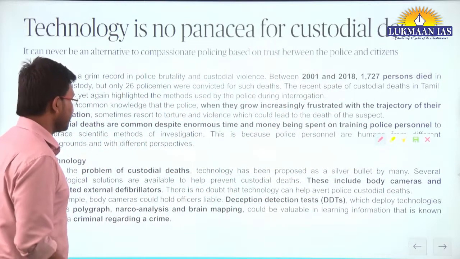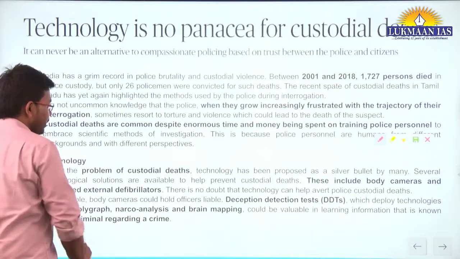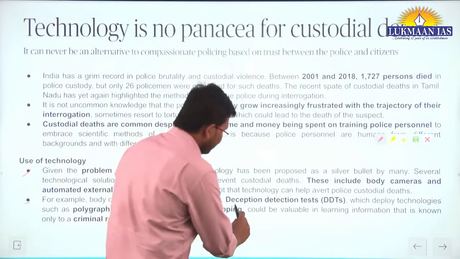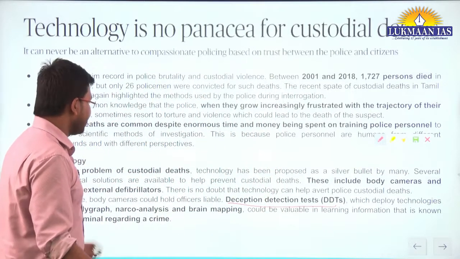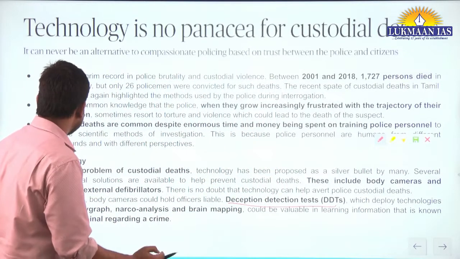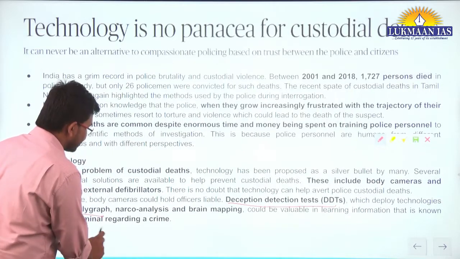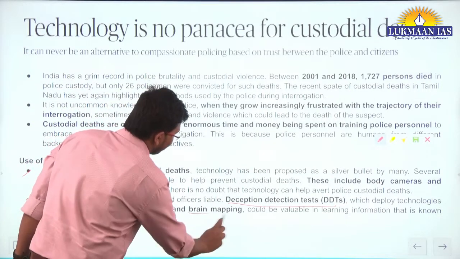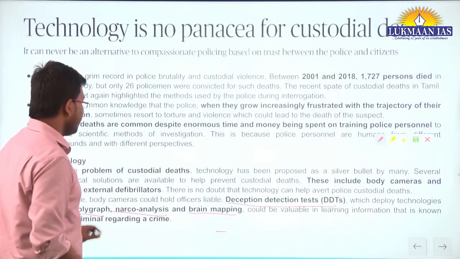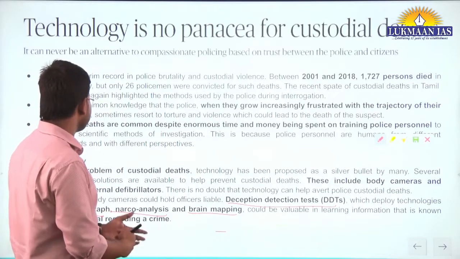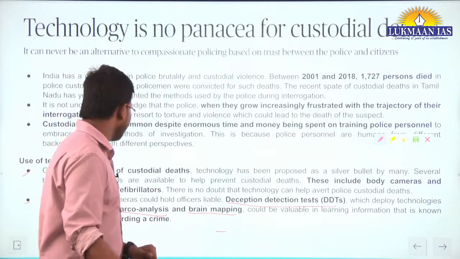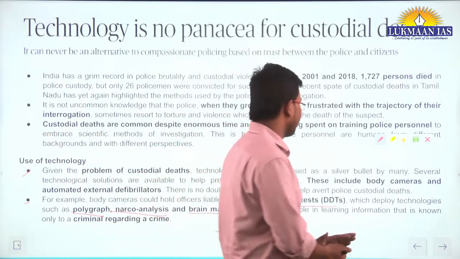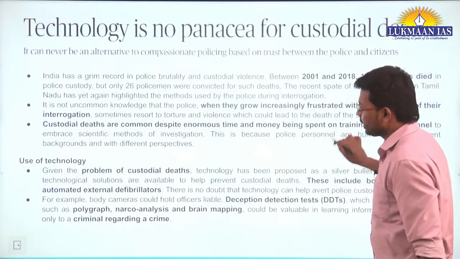So here in this article, the author has highlighted some of the important measures that can be taken by police personnel. For example, one measure is the deception detection test, which is known as DDTs. This test employs technologies such as the polygraph test, narco analysis, brain mapping, etc. So this helps us understand information related to a criminal regarding a particular crime. These are some of the alternative ways.